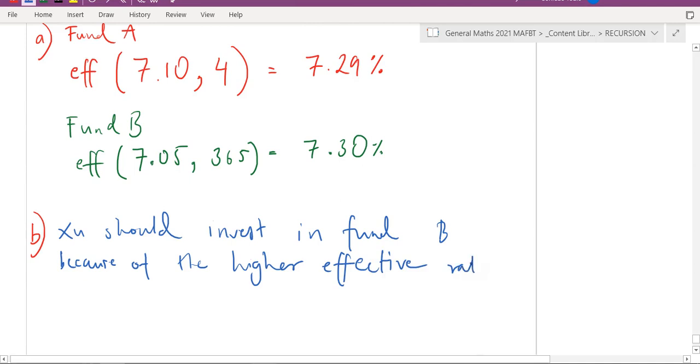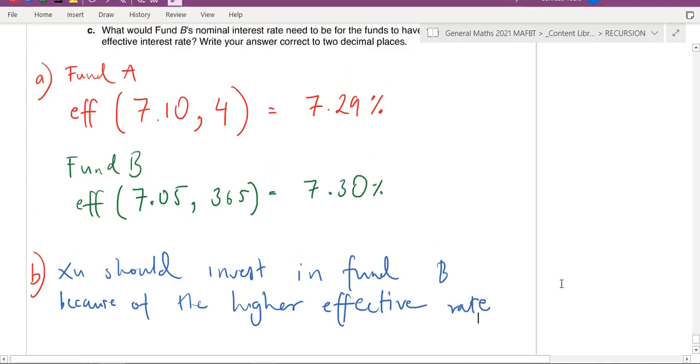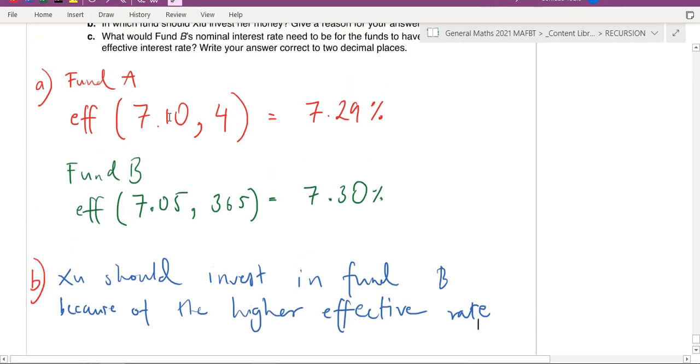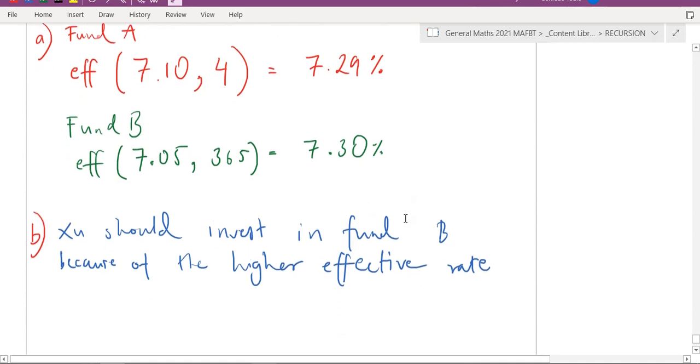At first glance, you'll think that Fund A might be better based on the nominal, but that's not the case at the end, because the effective is only 7.29, but for Fund B, even though it's got a lower nominal, the effective is higher in the end, 7.3.